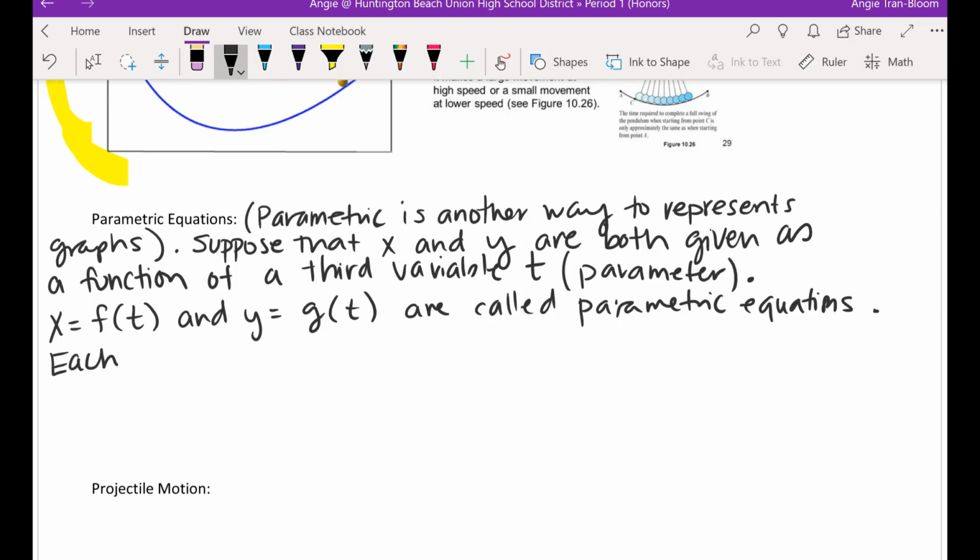Each unit of t determines the output of x comma y. Each unit of t determines x comma y.